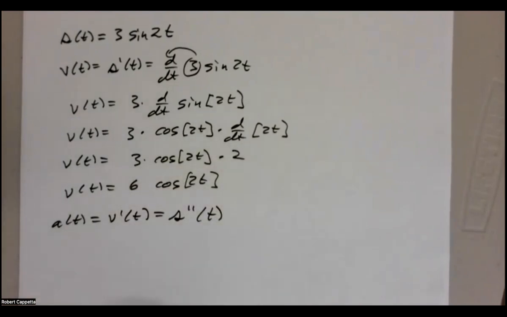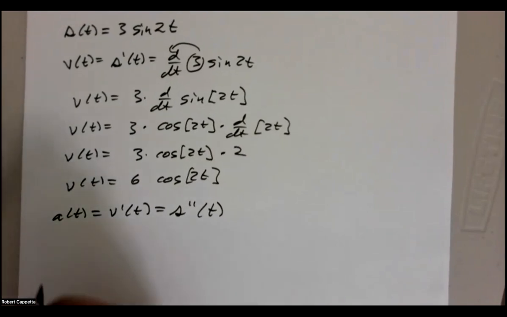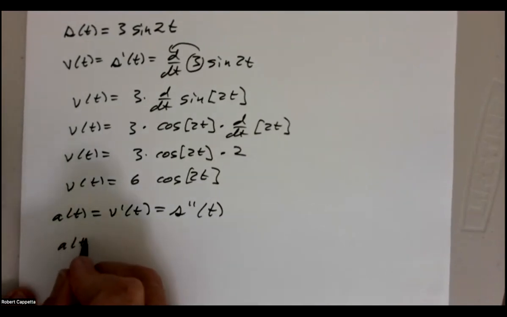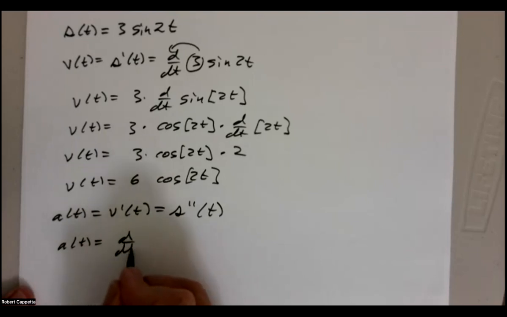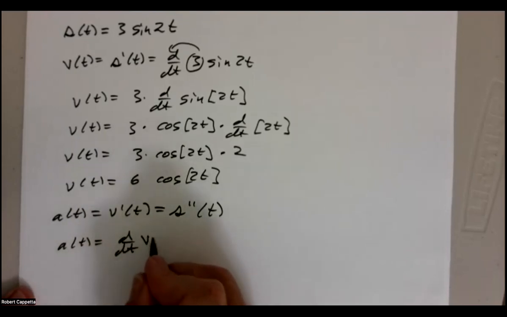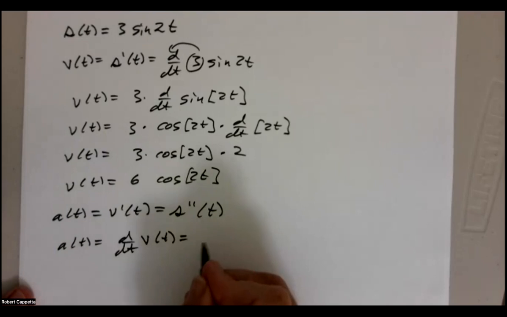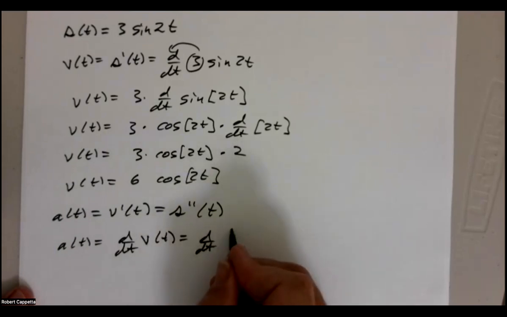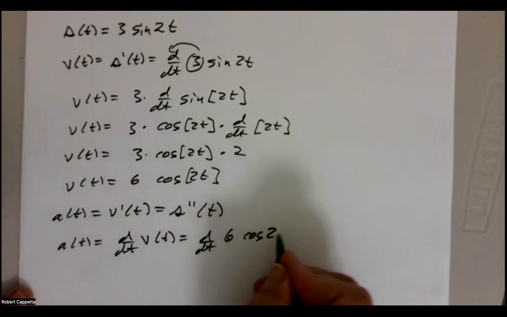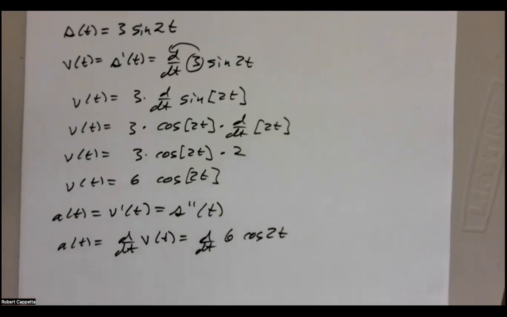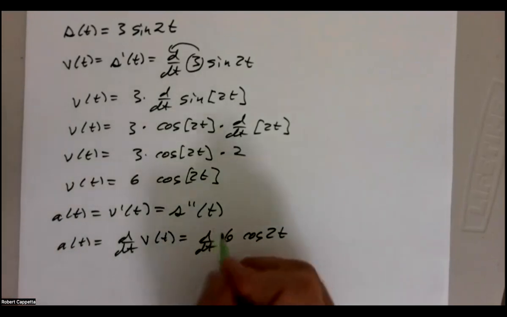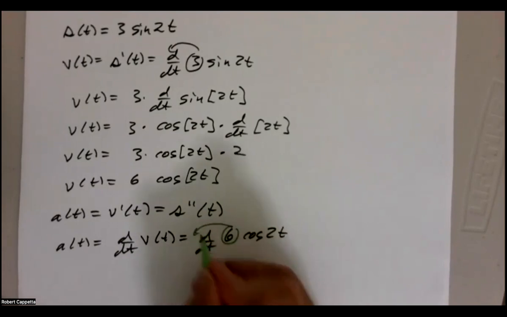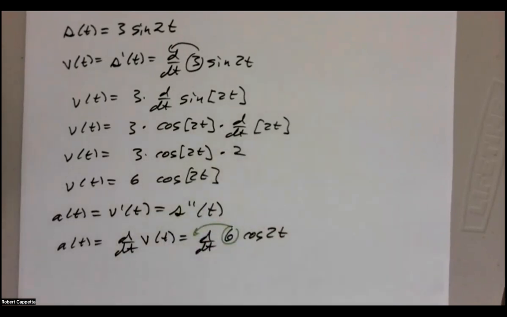So acceleration will be the derivative of the velocity. Acceleration, a of t, is the derivative with respect to t of v of t, which is the derivative with respect to t of 6 times cosine 2t. We pull the 6 out in front. So it's 6 times the derivative of cos 2t.